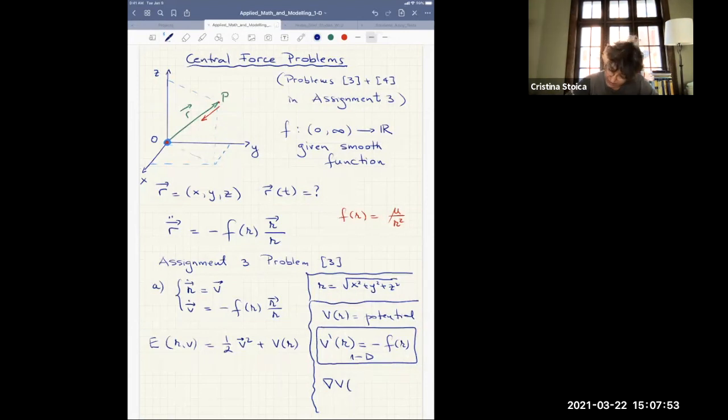We have to take the gradient of V and compute it, and this would be something like minus f of r over r.